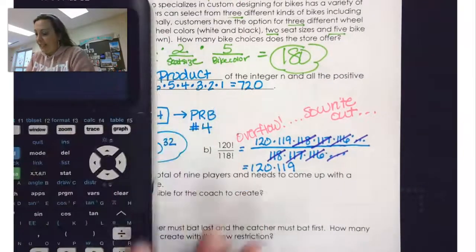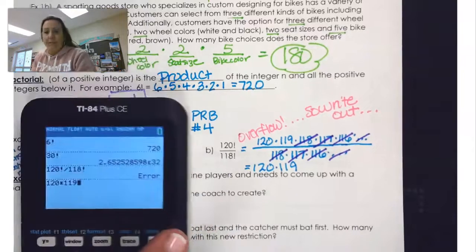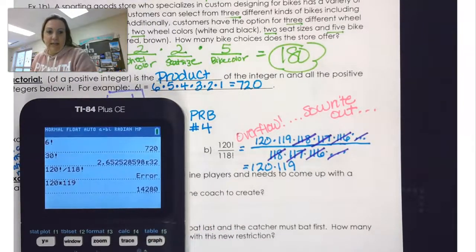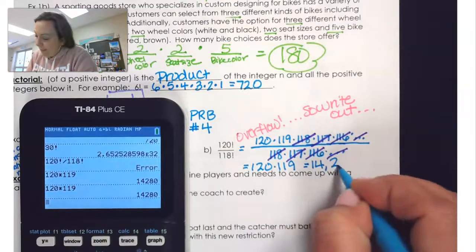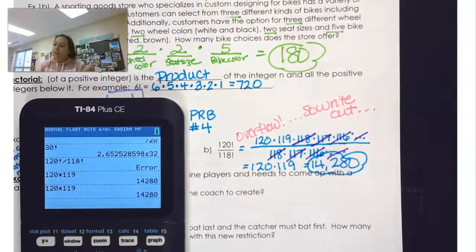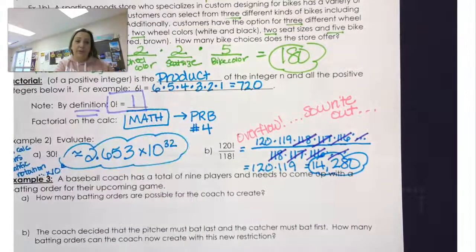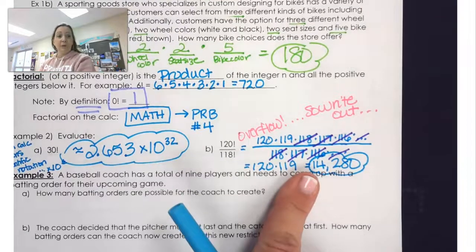So then to get this answer, we can just multiply 120 times 119. Oops, I don't know why I pressed enter twice. And we get 14,280. Okay, so if you do get an overflow in your calculator, just make sure to think about what factorial means, write it out, and I bet that would help.